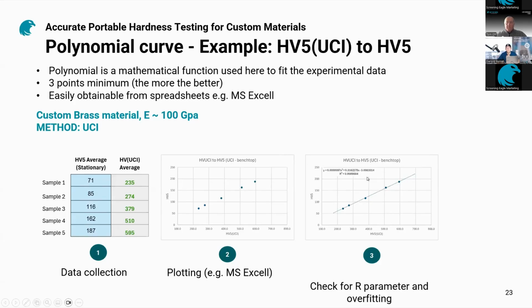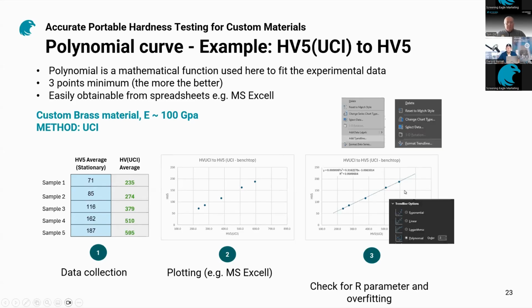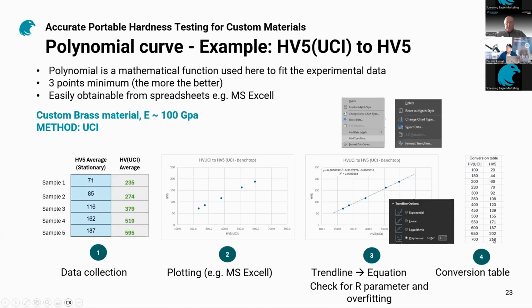So we're actually getting an equation here, and this is fairly easy. Excel is fairly easy to use, it's very cheap, often free of charge software for this simple task. As a result, if you use this curve, you will have your conversion table, which you can use later on to manually recalculate if you like.